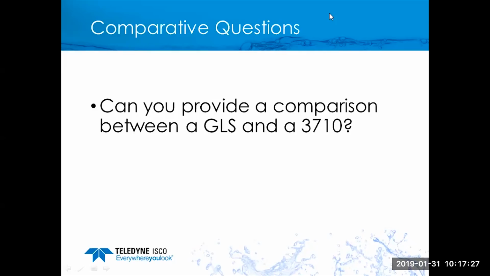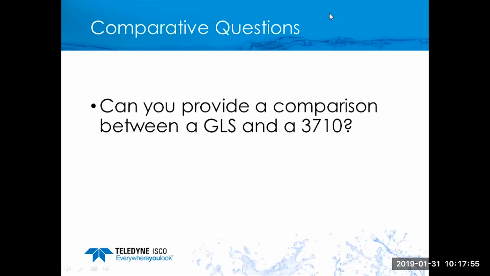The 3710 also has more features, more advanced capabilities than the GLS. The GLS is really intended to be very simple to use. The trade-off there is that you do have fewer capabilities. So with the 3710, one of the things we have are pause and resumes. We can program into the sampler to have it pause its sample program and then resume that sample program at various times.